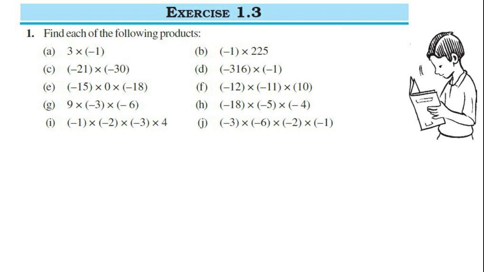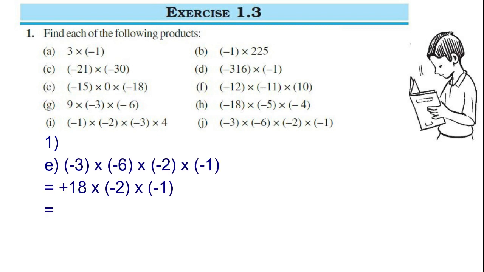Next we go to problem number J. Minus 3 into minus 6 into minus 2 into minus 1. First we multiply minus 3 into minus 6. Minus into minus equal to plus and 3 into 6 equal to 18. So plus 18. And then plus 18 multiplied into minus 2.